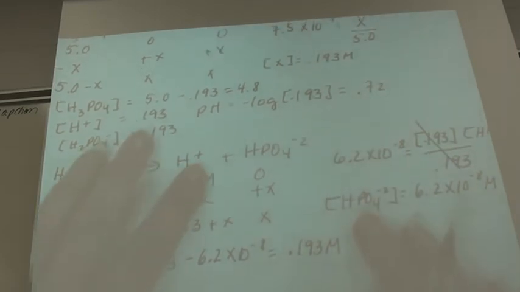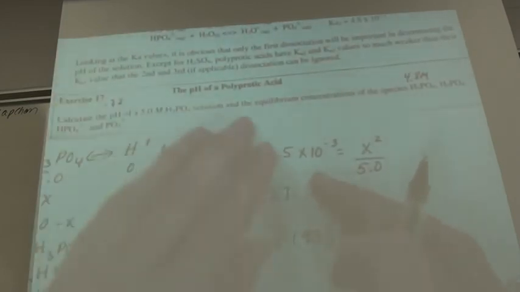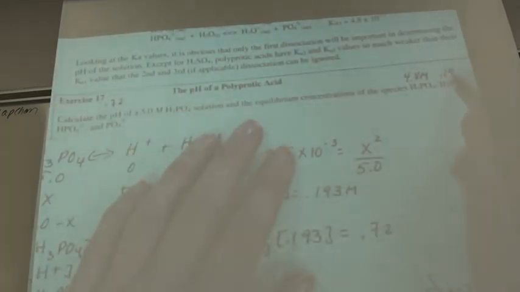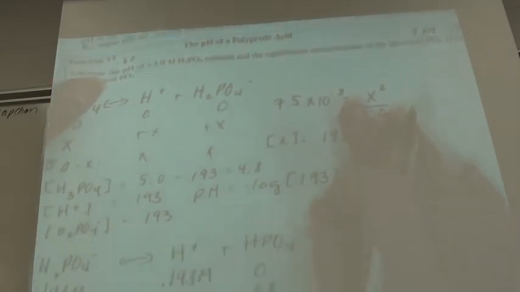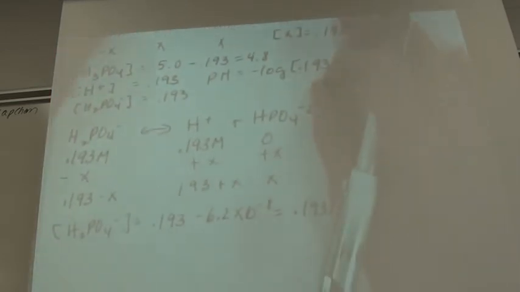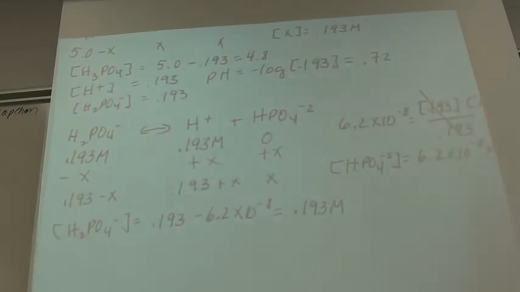So now we have the answer to this part of the problem. The equilibrium concentration here is 0.193 molar. We're getting there. Is this why we say it's like one hydrogen at a time? Yeah. Okay, moving on.